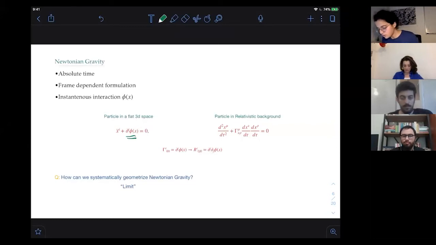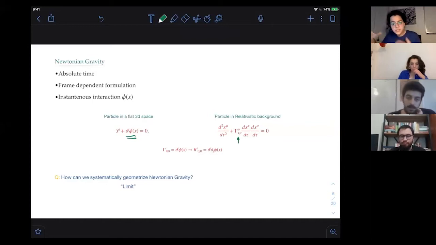I think we all know the equation of motion. On the other hand, in GR, one of the first things you see is the geodesic equation, where a particle couples to a general background, and this geometry is packaged in the connection, gamma.